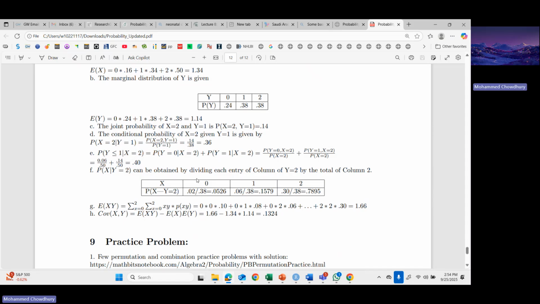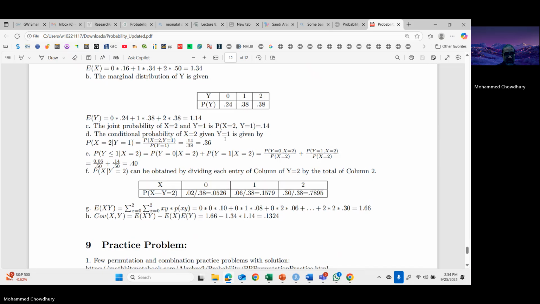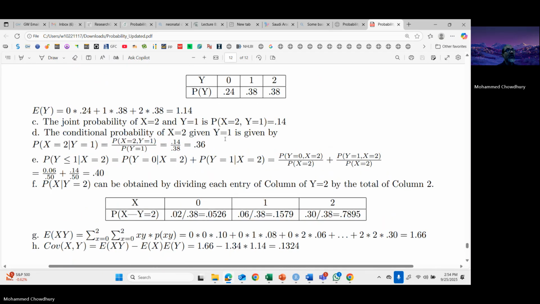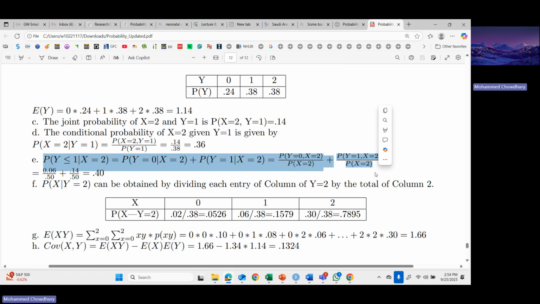Are you understanding these things? I'm saying y less than or equal to 1, right? y could be 1, y could be 0. Y has three values: 0, 1, 2.